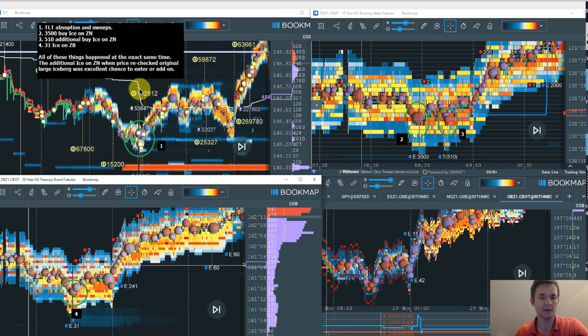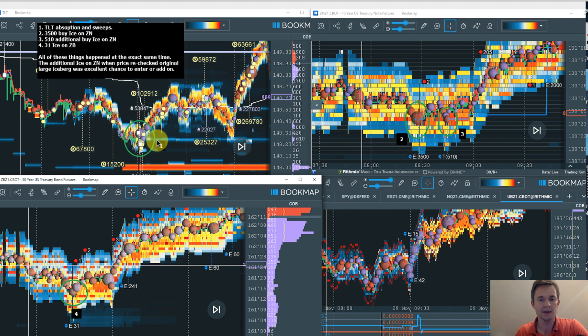The sweep indicator detects if price pounds through a few different price levels without much effort, within a certain time frame, and there are different settings. It's a new indicator, I just started using it. These colored dots are the sweeps, and the squares are the absorption indicator, which I've used quite a bit.